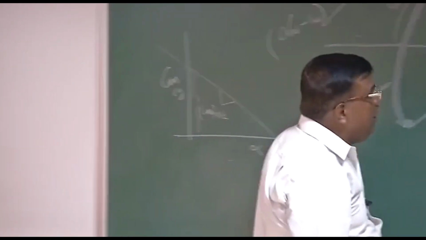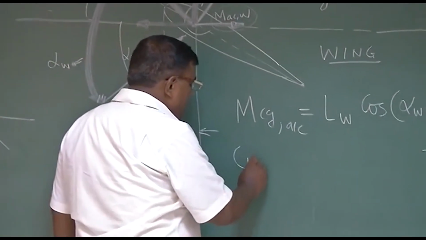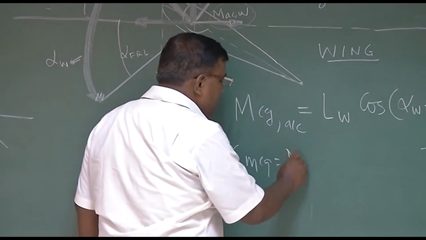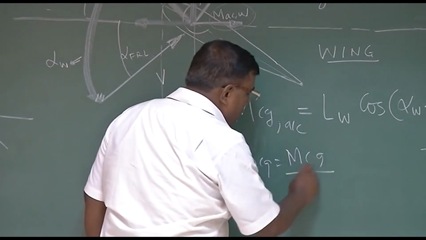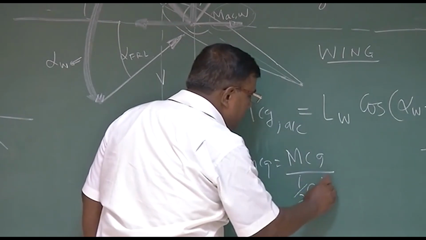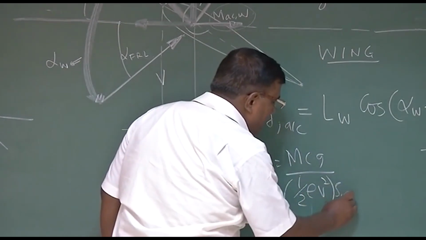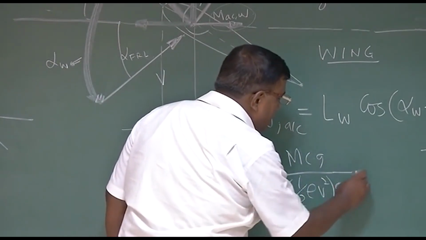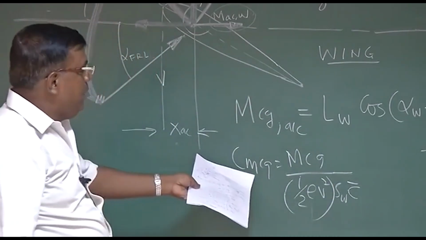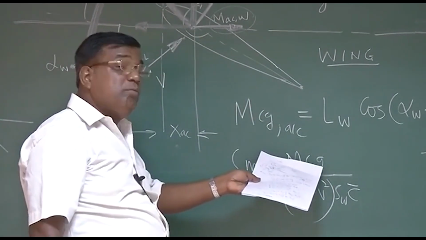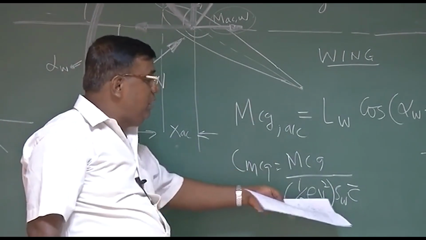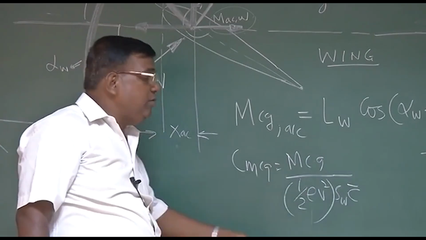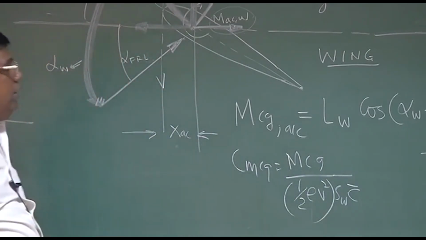So from MCG, how do I come to CMCG? You know, you are experts now. This is MCG divided by half rho V square S of wing into C bar. C bar is there because CM is a moment, MCG is a moment. Dynamic pressure into area is force, into a length is moment, so that it becomes non-dimensional.